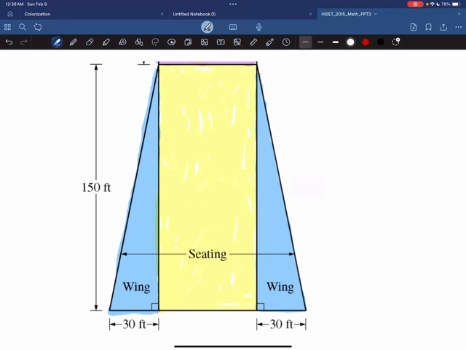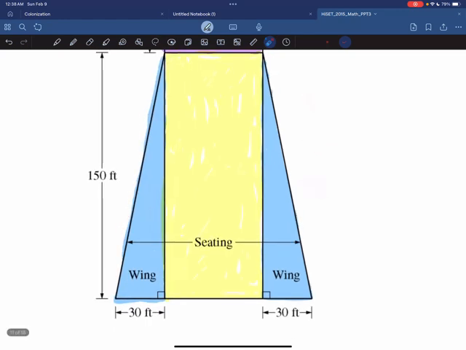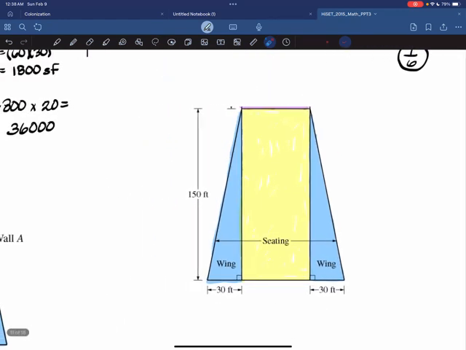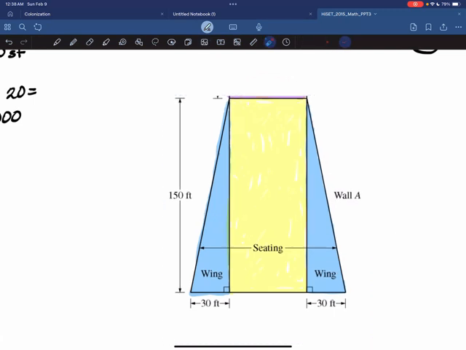So what if I were to take this triangle right here, take it off, and bring it over here so that I could line it up with this triangle. Now let me say that again. I'm going to take this blue triangle right here, and I'm going to cut it off. Actually, let me do this one. Let's take this blue triangle and bring it over here. Okay, so let me draw that in there, and then I'll cut this one off.